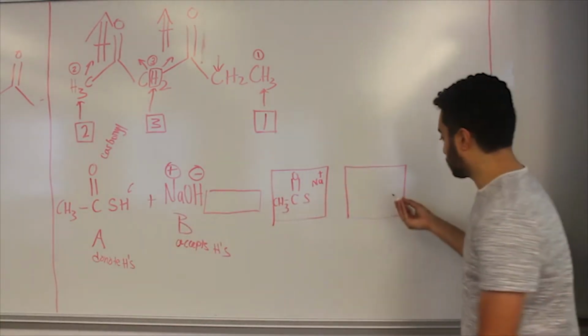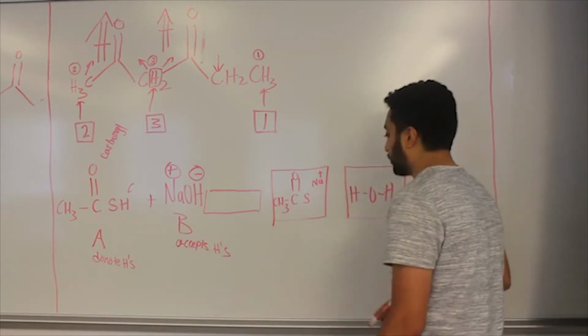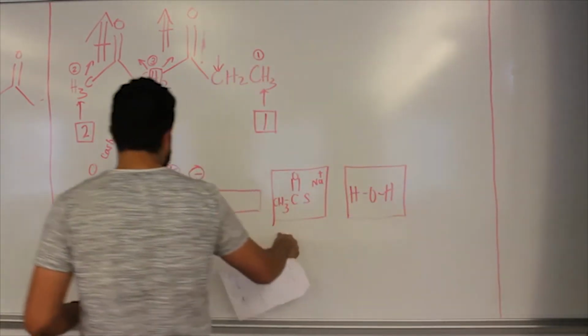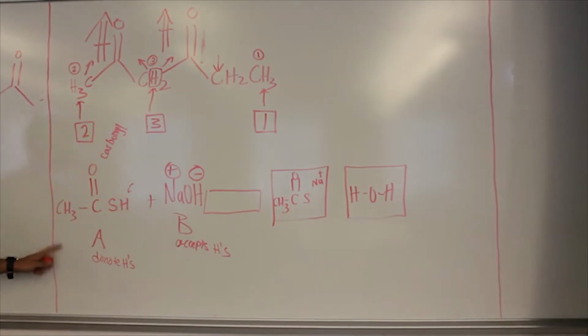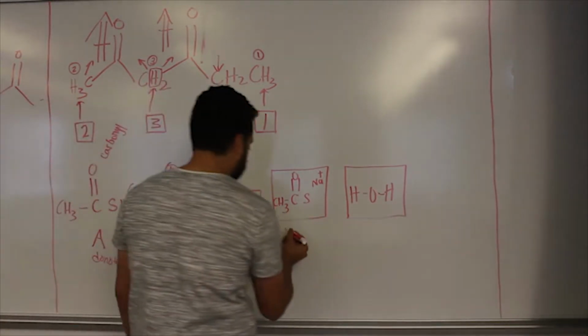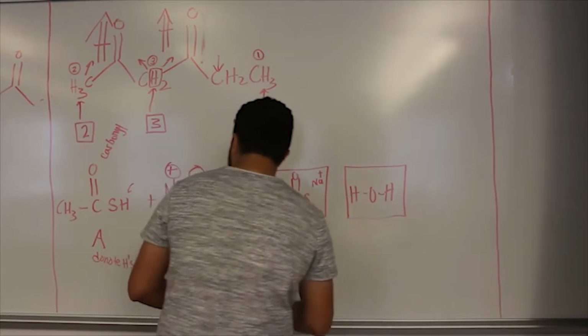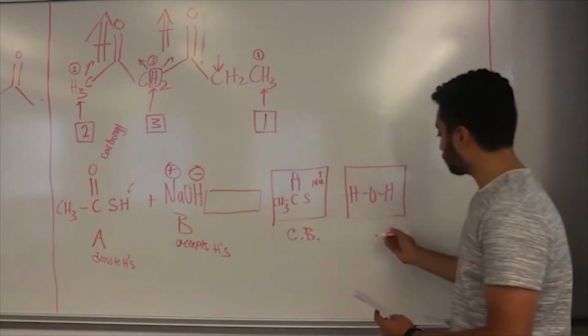H2O. Exactly, so it's just going to be water. Okay, so what is this compared to that? Weaker acid. Yeah, it's a weaker acid or conjugate base. Conjugate, yeah. And then this one? Conjugate acid. Yeah.